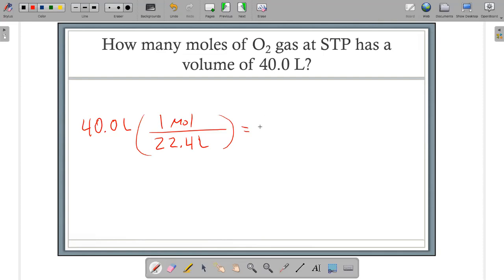My calculator's got a whole bunch of digits, 1.785714286. You don't want all that. This 40 liters has 3 significant figures, so 1.79 moles is good. We could measure the volume of this room and figure out how many moles of gas are in it. That's not a difficult thing to approximate.